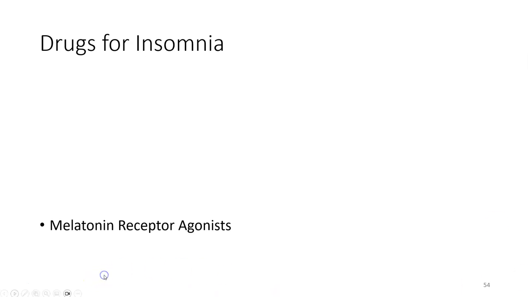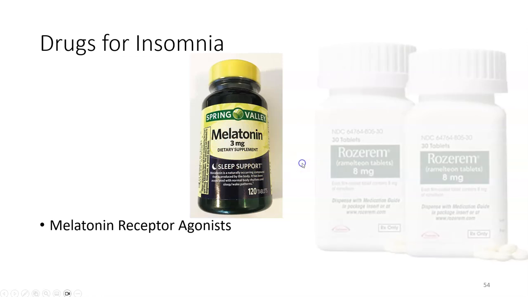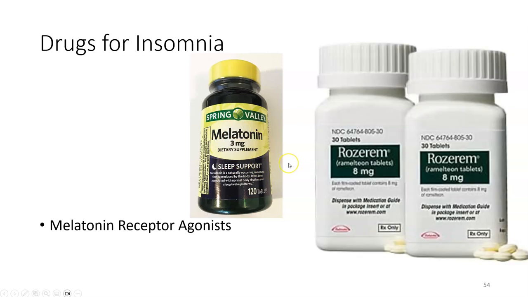And we have melatonin as a nutritional supplement. And they say on the bottle that it helps us support sleep. Some people find it helpful, other people not so much, but there's also a prescription known as ramelteon or Rozerem. So melatonin receptor agonists, either a nutritional supplement or the prescription medication, Rozerem.